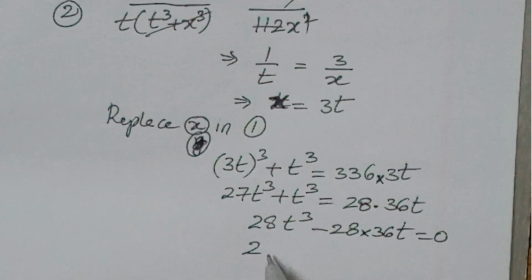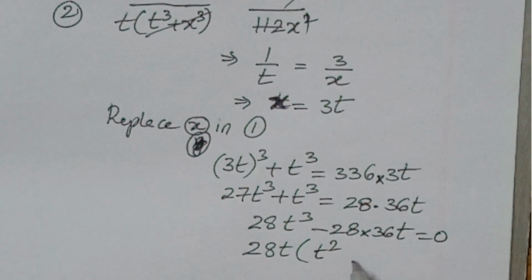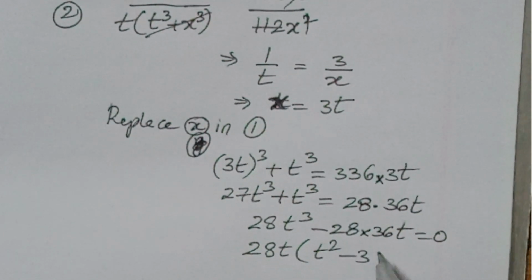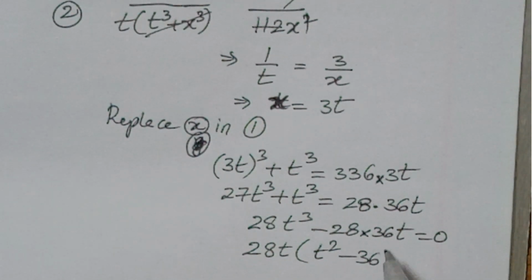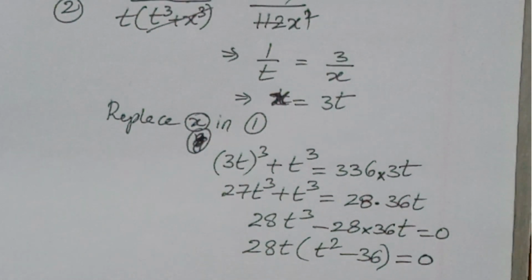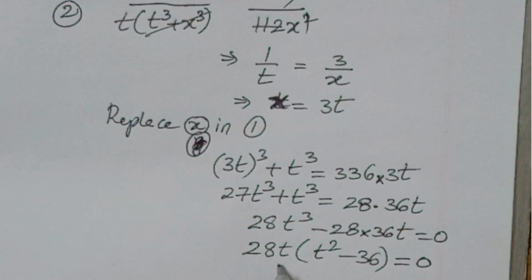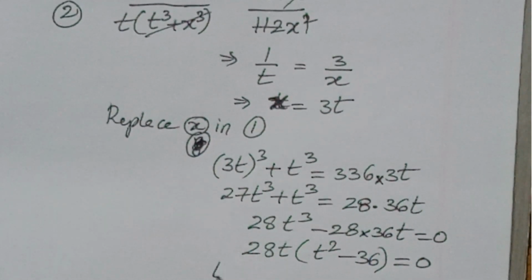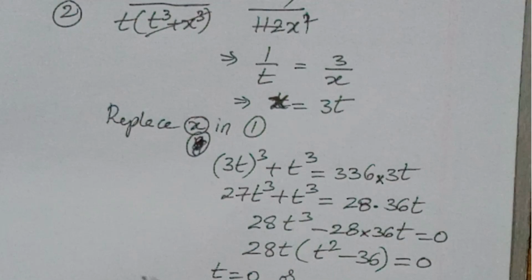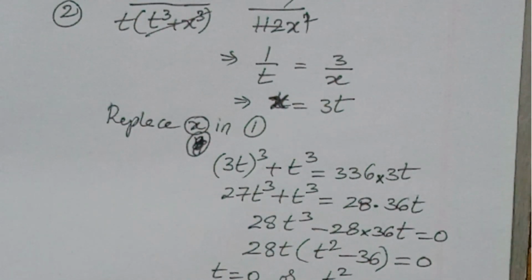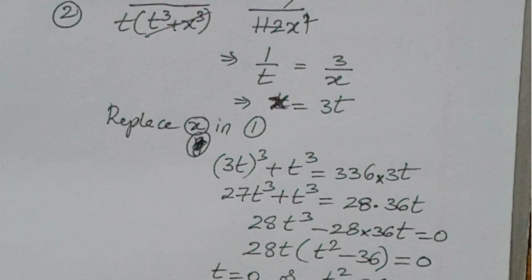So here you can take 28t common: t square minus 36 equal to 0. Here 28 cannot be equal to 0. You can take t equal to 0 or t square minus 36 equal to 0.